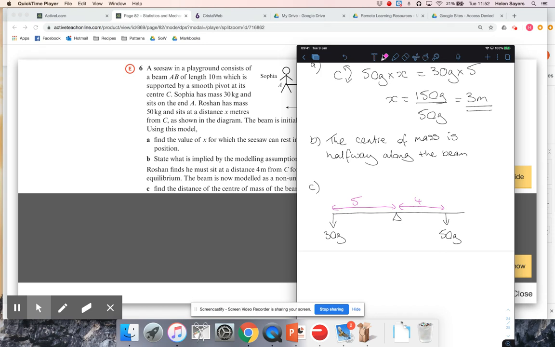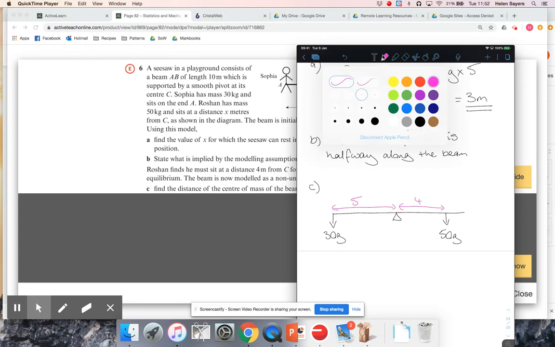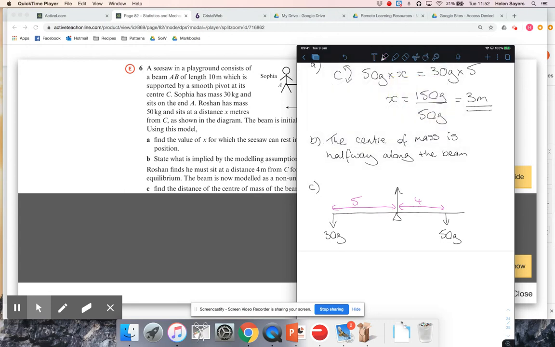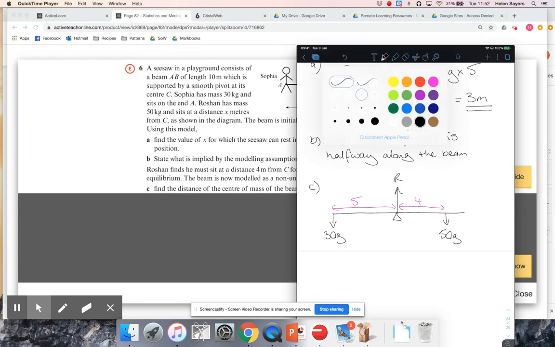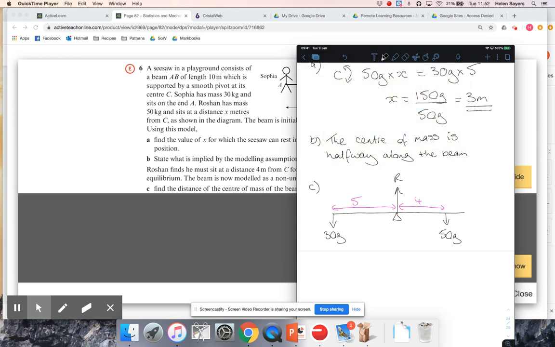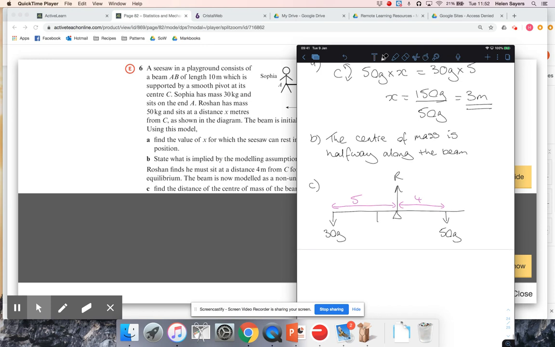So I can do a quick calculation and figure out which side of the pivot the centre of mass should be. There will be a reaction, so let's label in the reaction. His moment is going to be 200 G, her moment is going to be 150 G. So the centre of mass does need to be a little bit over to the left there.